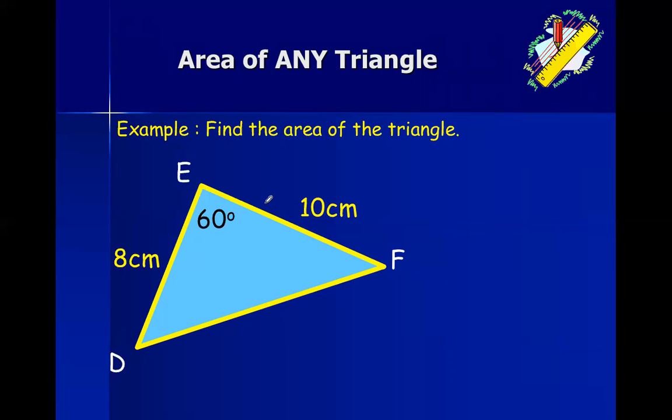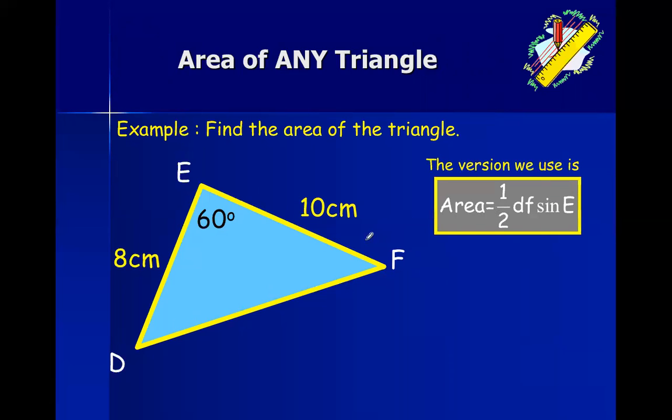It's the same thing. You've got two sides and an angle. So the version you're going to use this time is going to be half of small d times small f, sine E, which is 60.